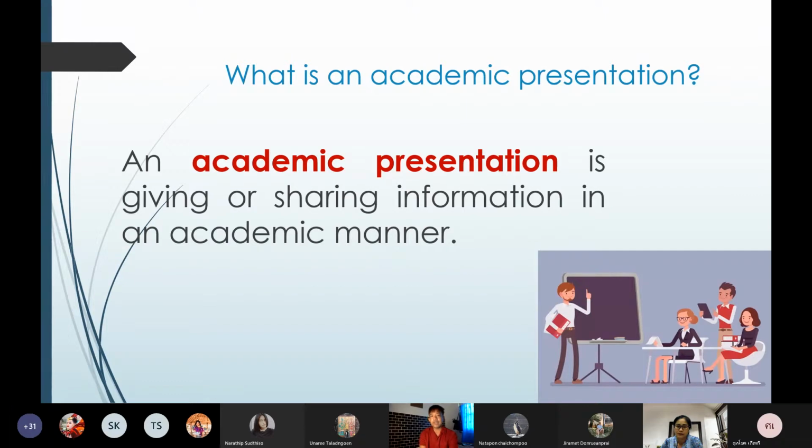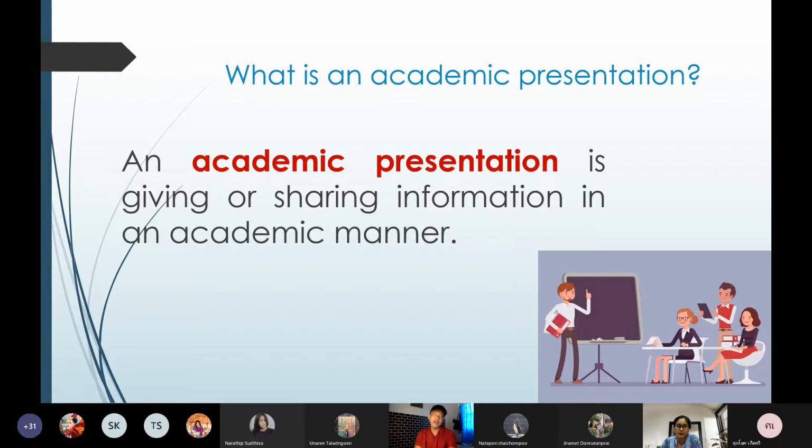An academic presentation is giving or sharing information in an academic manner. When we say academic, from the root word academe, it means at school. Since you are students and I am a teacher, and most of the listeners here are students and some are teachers, it is very essential to show you an academic presentation.